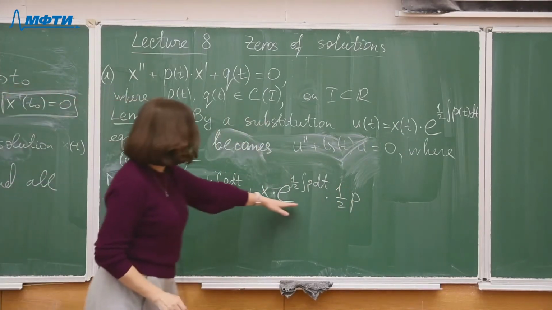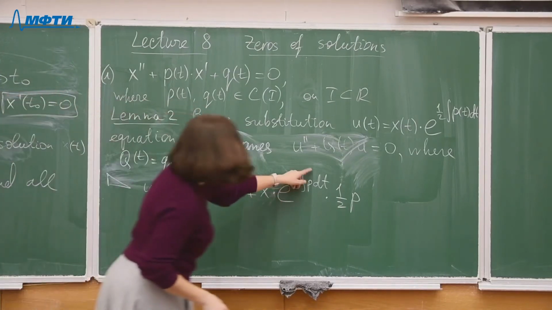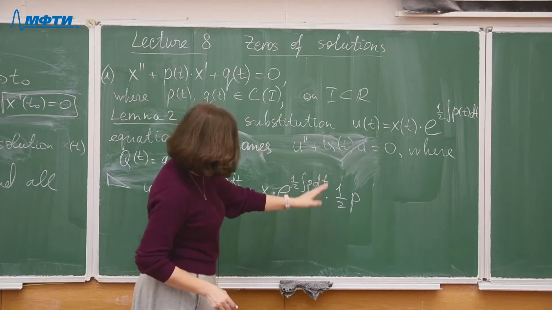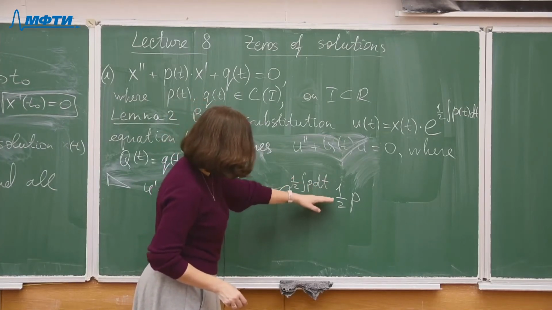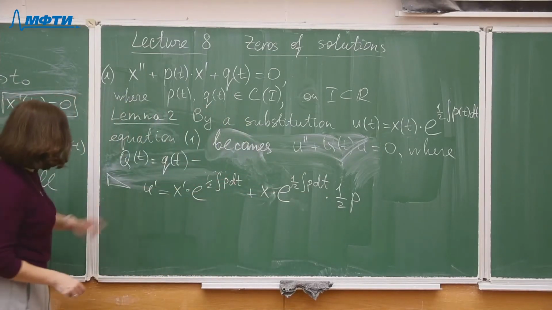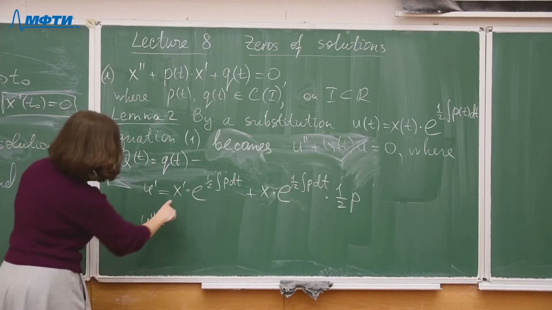So the chain rule here: just differentiate the exponent of the number e, and we will get 1/2 p. So this is the first derivative.